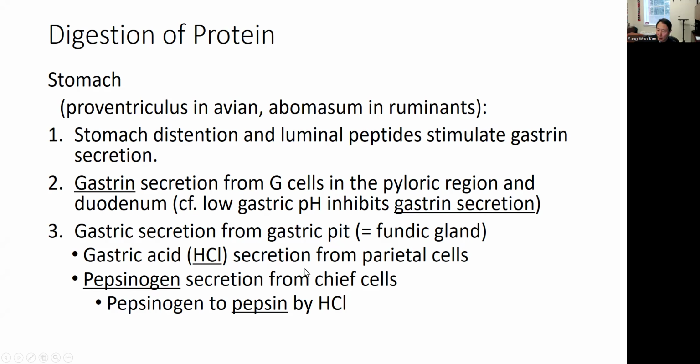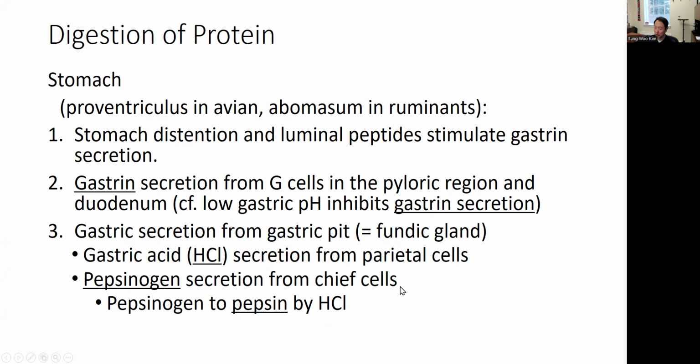And in the stomach, in the middle part, the main portion of the stomach, we call the fundic region, compared to the pyloric region. If you look at the surface of the fundic region, you see many pits or glands. We call them gastric pits, or in other terms, fundic glands. Soon I'll show you a picture, but there are different types of cells found in this gastric pit or fundic gland. One is called parietal cells. Another type of cell is called chief cells.